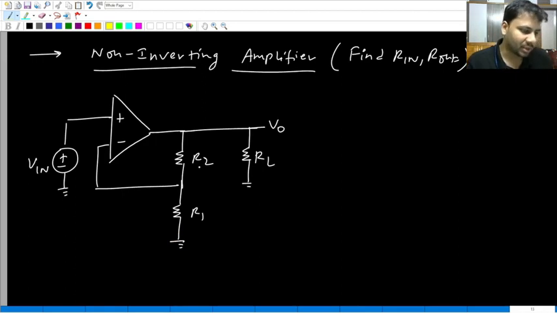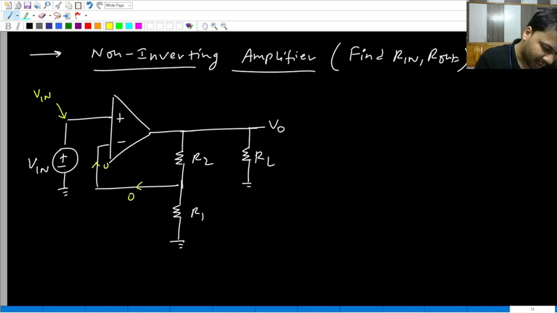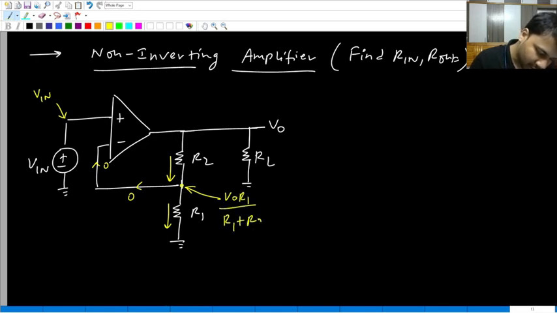Go back to the previous slide and let us find V naught. What is the voltage at this point? It is Vn. What is this current? 0, because ideal op amp input current is 0. So these two currents are equal, which means R2 and R1 are still in series. So from voltage division, what is the voltage at this point? V naught R1 by R1 plus R2.